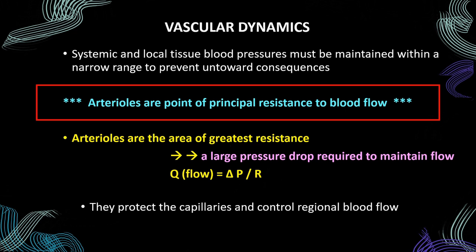Systemic and local tissue blood pressures must be maintained within a narrow range to prevent untoward consequences. So if we have too much pressure, it can rupture vessels and create a lot of damage. If we don't have enough pressure, then organs can basically get ischemia and die. And remember, the arterioles are the point of principal resistance to blood flow, and that large pressure drop is required.